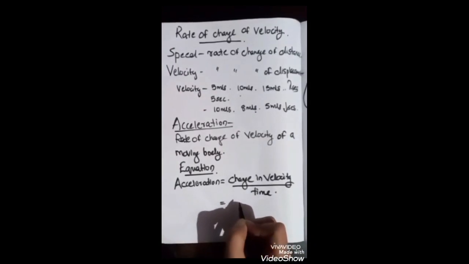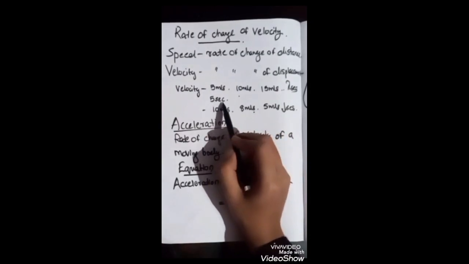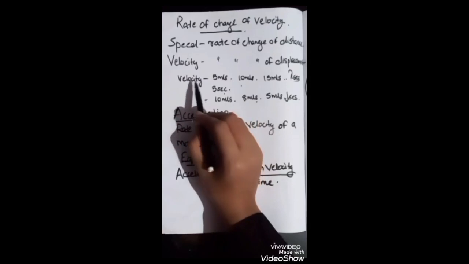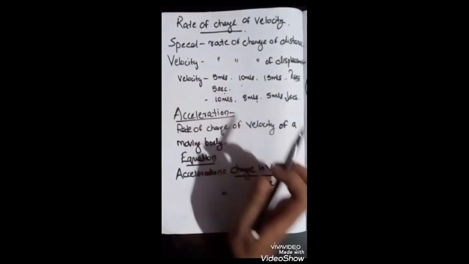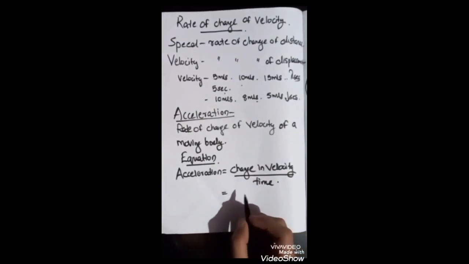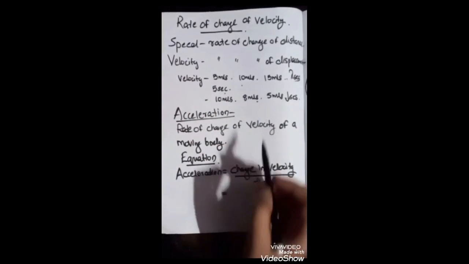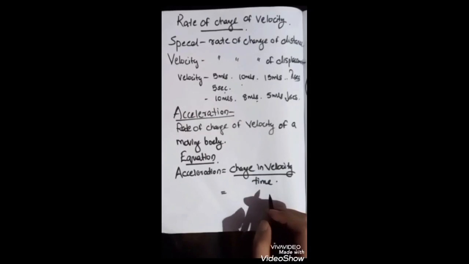When I take a time of 5 seconds, at the start of this 5 seconds it has a velocity, that is the initial velocity, and at the end of the 5 seconds it has the final velocity.